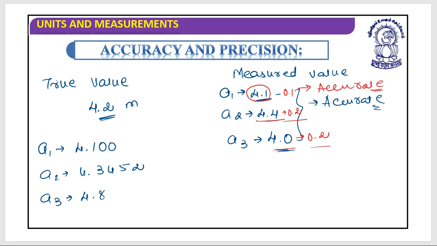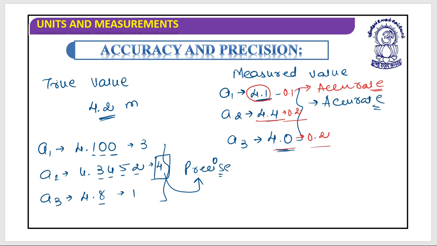And I have been asked which value would be more precise. So I can write: this has three digits after the decimal point, this has four digits after the decimal, and this has a single digit after the decimal. So the number having more decimals would be the more precise. So this is the precise value.